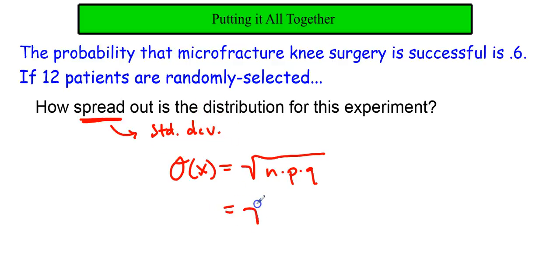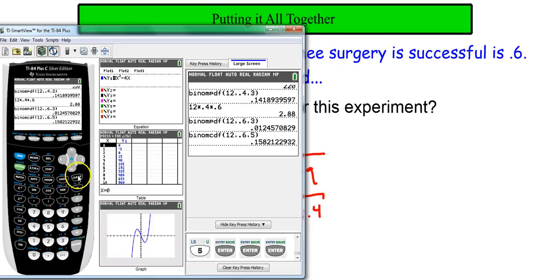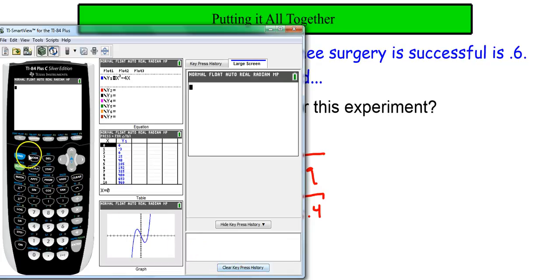So for this particular example, the number of trials is 12, probability of success is 0.6, and the probability of a failure is 0.4. So let's pull out my calculator here. We want 12 times 0.6 times 0.4, and we're going to take the square root of that.